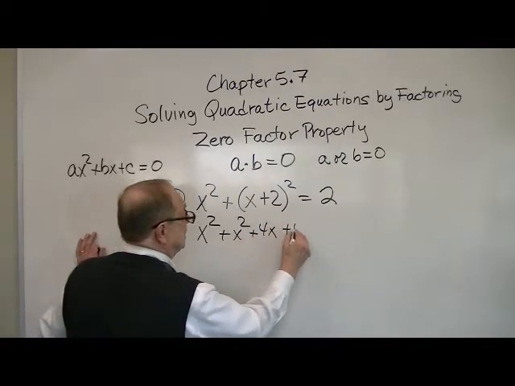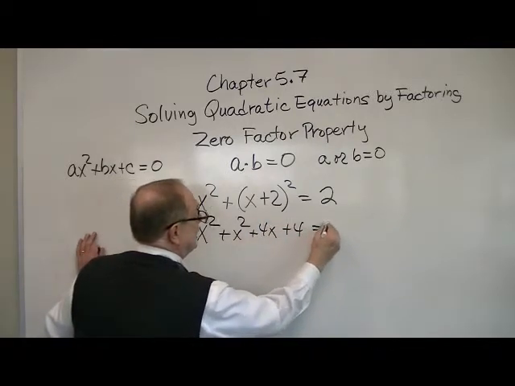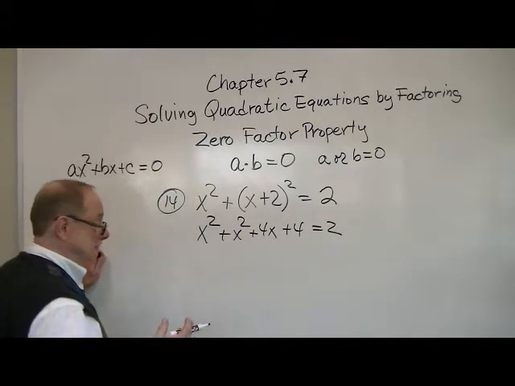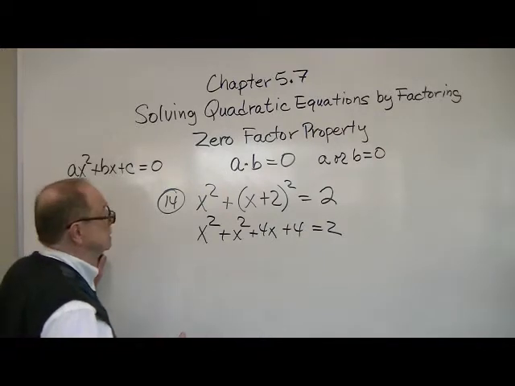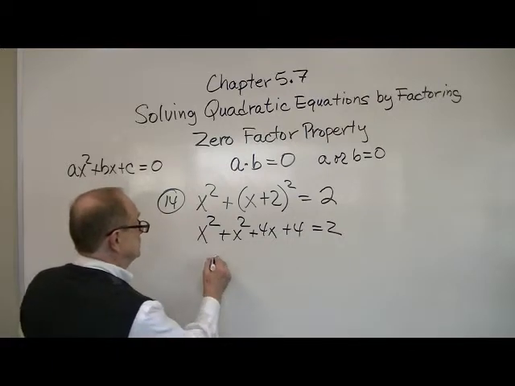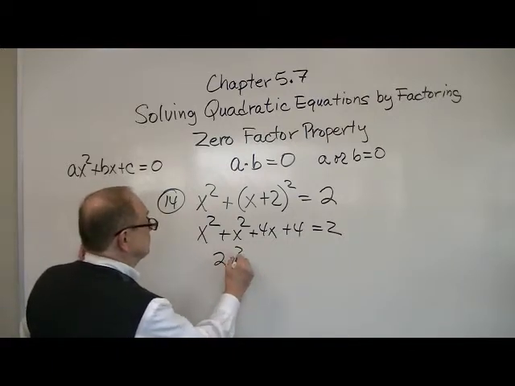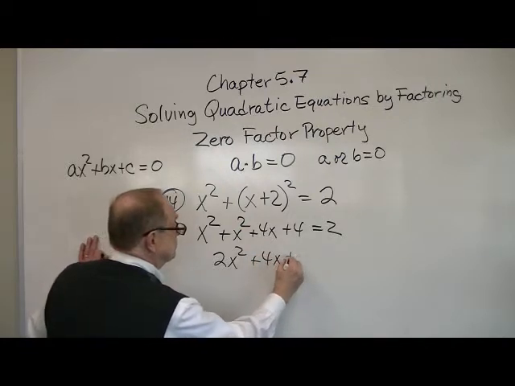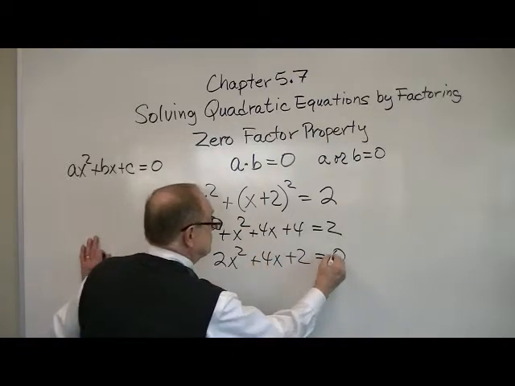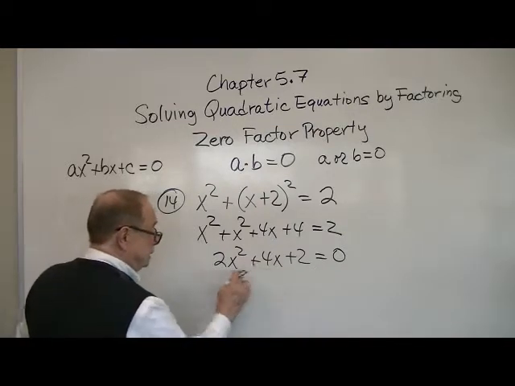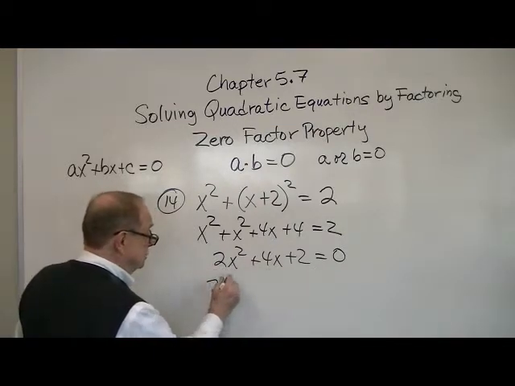Square that. Now to put it in standard form, I have to combine like terms. I now have to factor out the greatest common factor, which is 2.